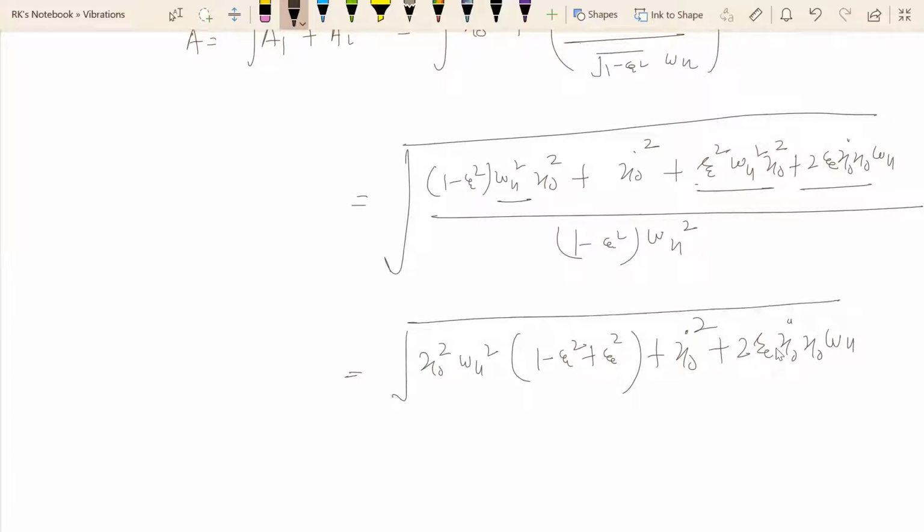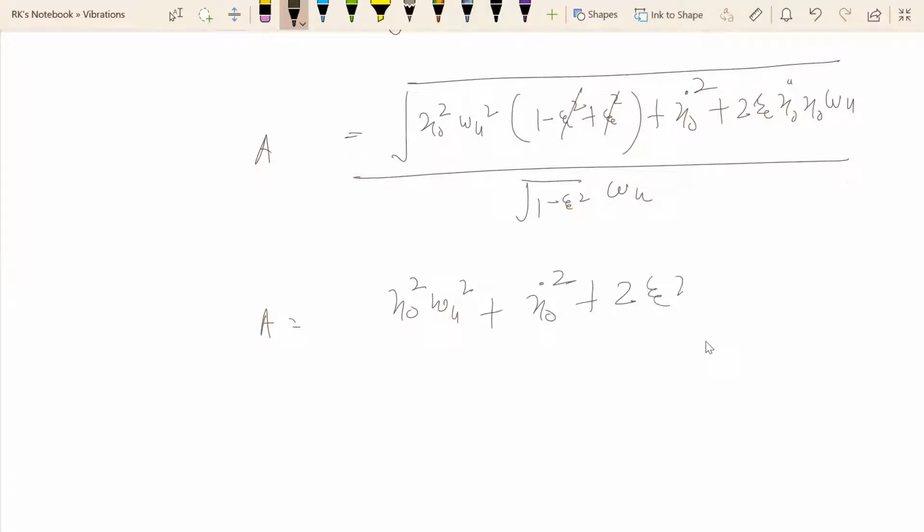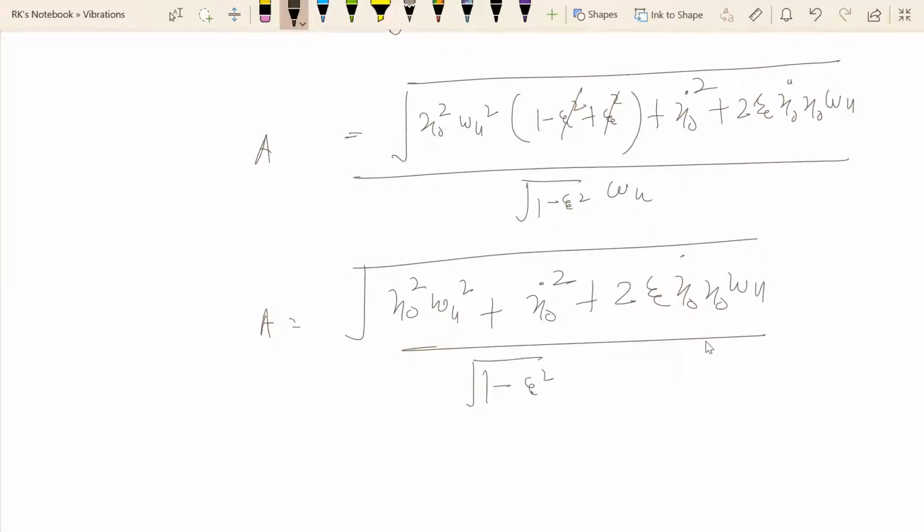The denominator becomes the square root of 1 minus zeta squared, and omega n squared becomes omega n. Here this cancels out and we get A equals the square root of x naught squared omega n squared plus x naught dot squared plus 2 zeta x naught dot x naught omega n, divided by square root of 1 minus zeta squared times omega n.